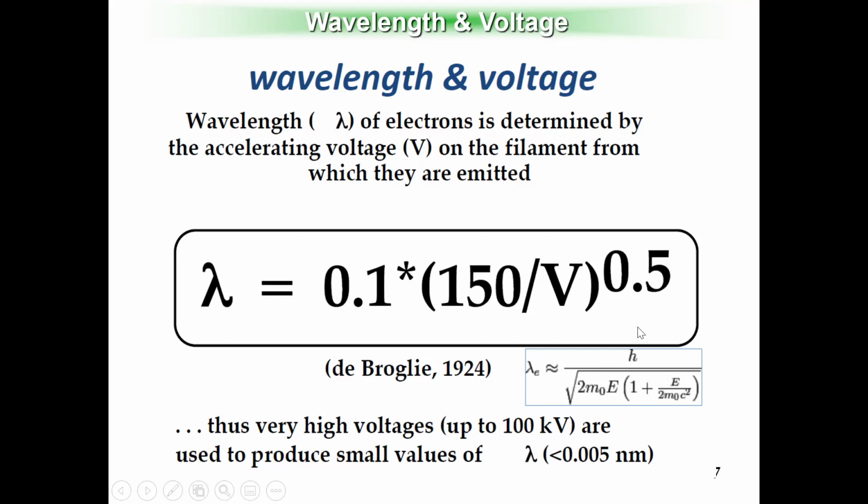So here is a very classical relation with the electron wavelengths. You can see that the higher the voltage, the smaller the wavelengths. So for most modern transmission electron microscopes, the accelerating voltage is higher than 100 kilovolts because we're trying to shoot for higher spatial resolution or smaller wavelengths.